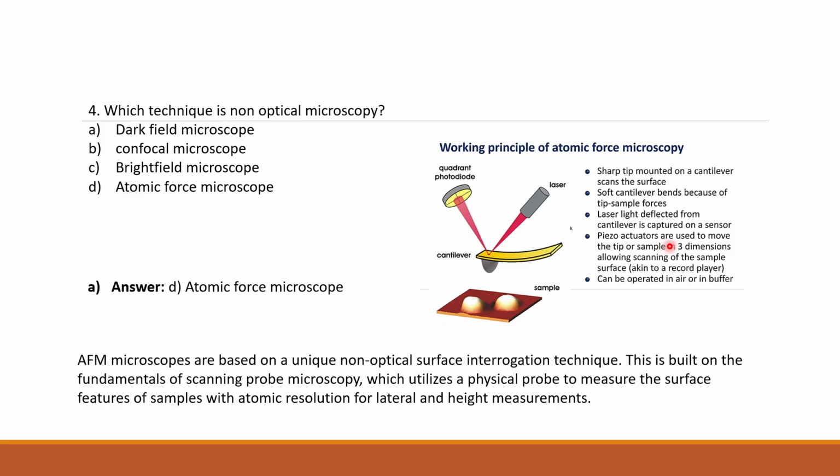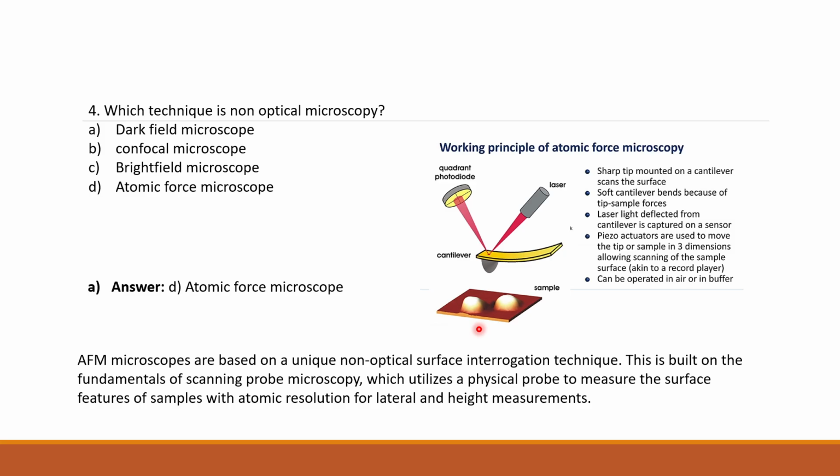Your piezo actuators are used to move the tip or the sample in 3 dimensions, allowing scanning of the sample. Your piezo will be somewhere here, I think. Those are nothing but levers of sorts. So it can either move your tip or it can move your stage.